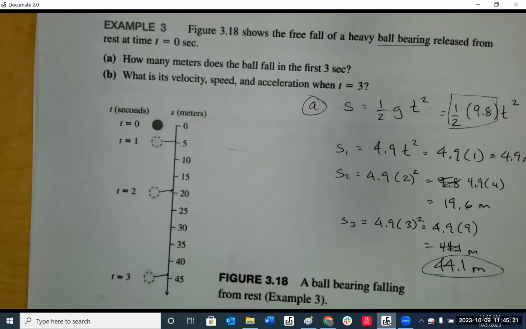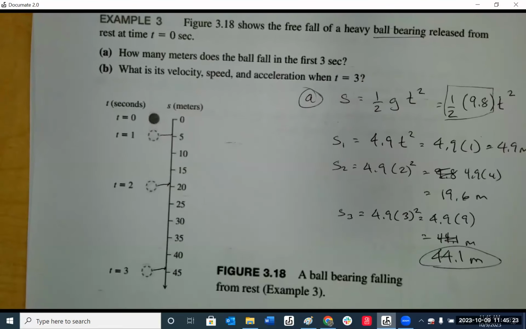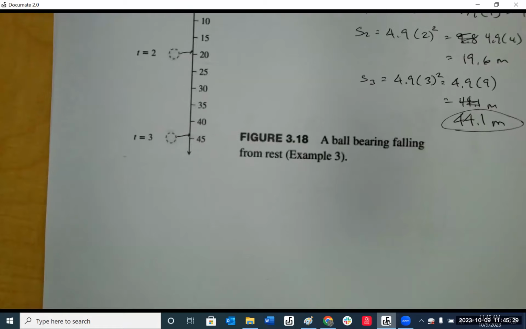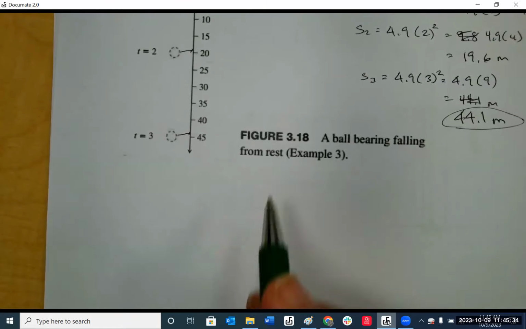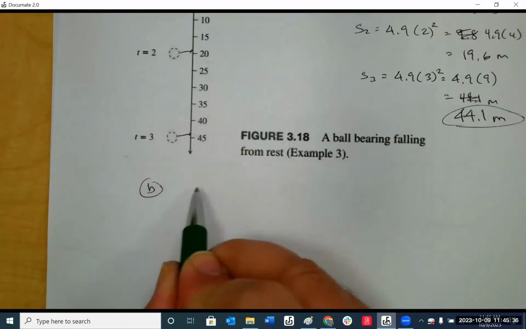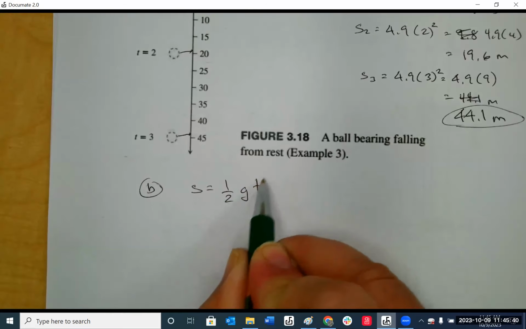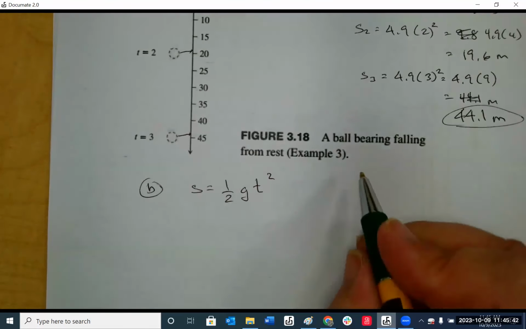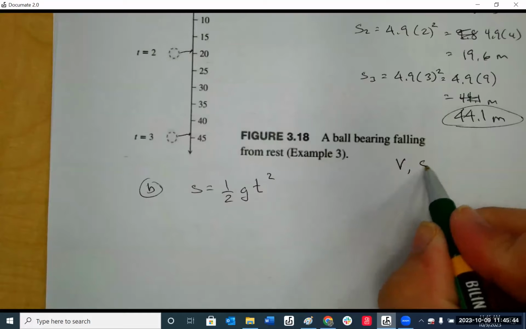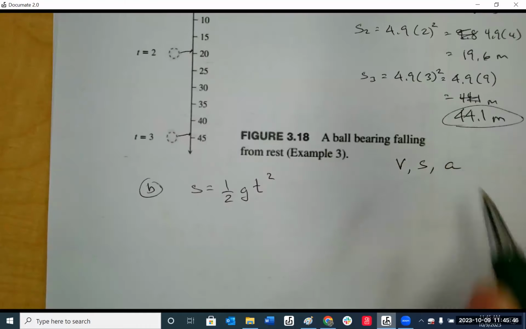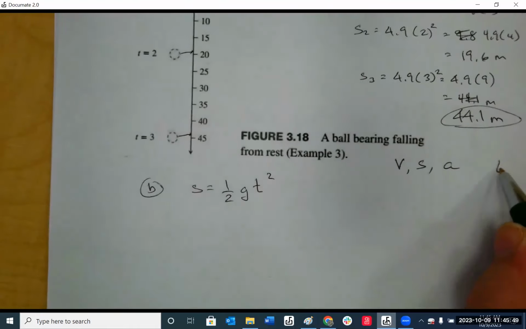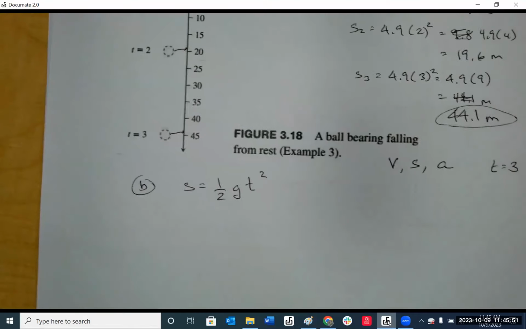Now, what is the velocity, speed, and acceleration when t equals 3? What formula do we have to start off with? Because we need to find velocity, speed, and acceleration at t equals 3.